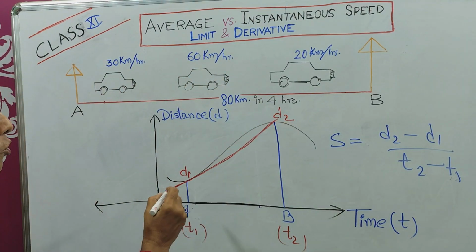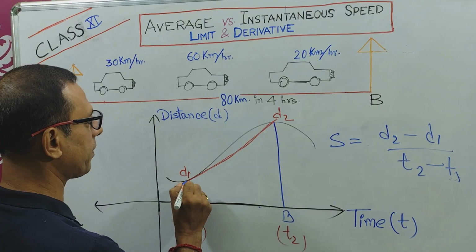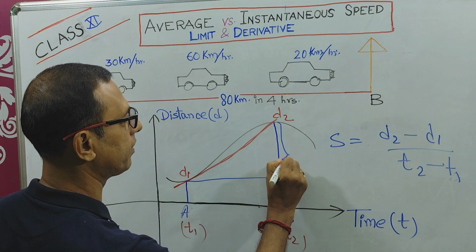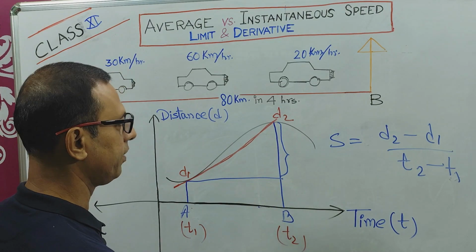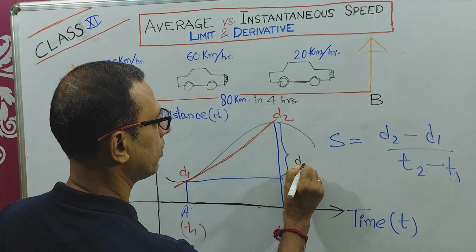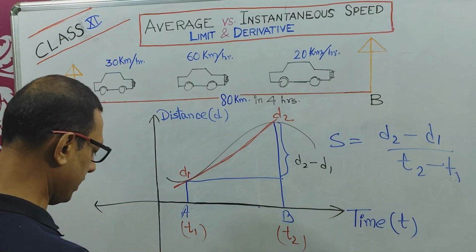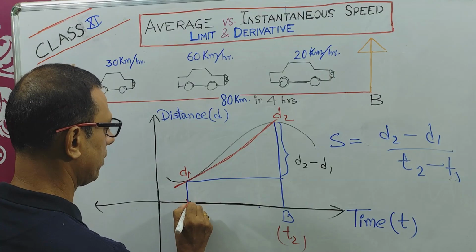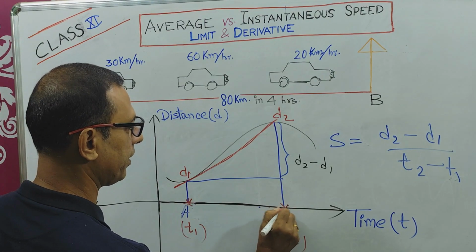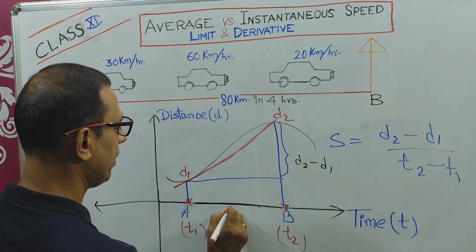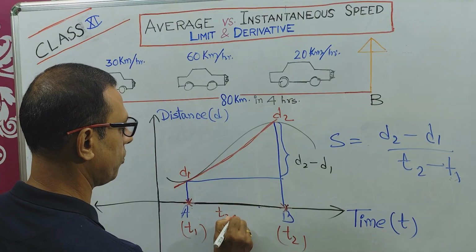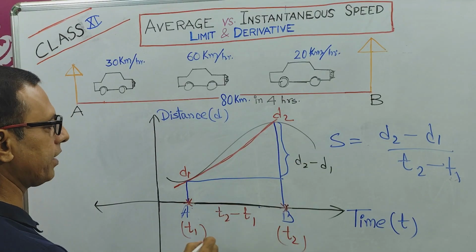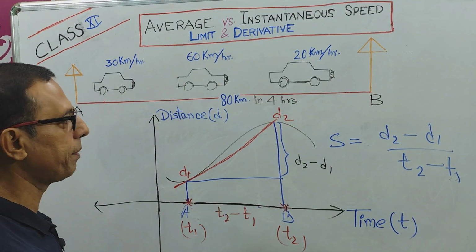This is D2 minus D1, and between A and B the time consumed is T2 minus T1. So (D2 minus D1) by (T2 minus T1) is the speed.